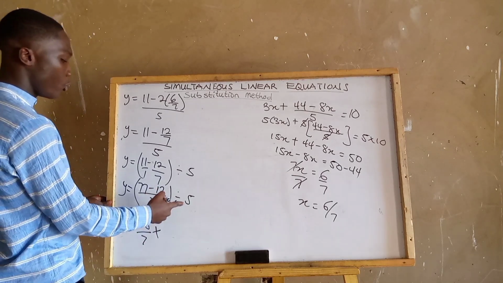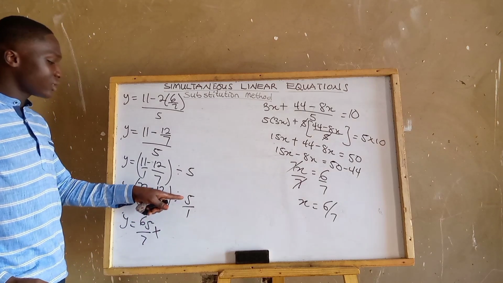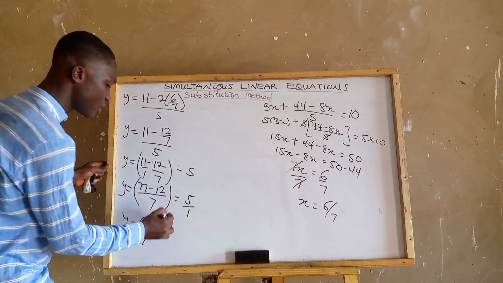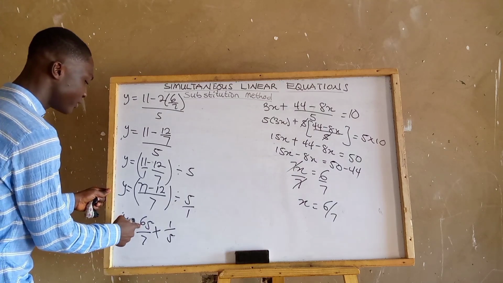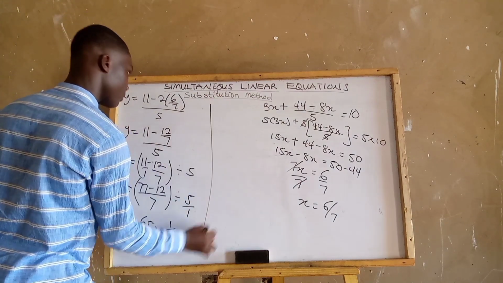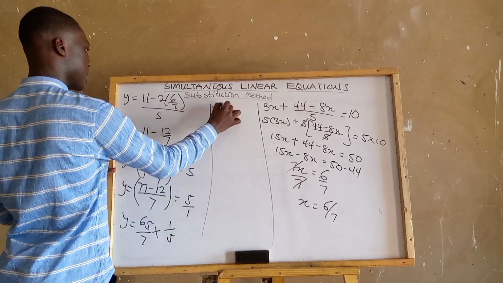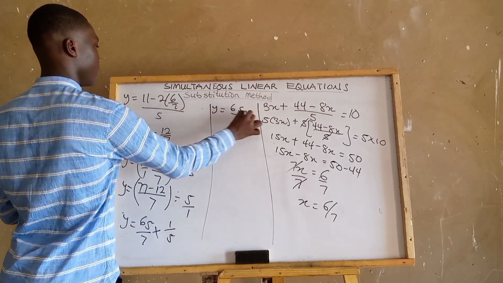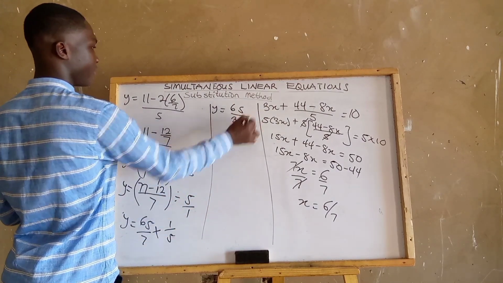Then you have to reciprocate 5 over 1 to give us 1 over 5. So now 65 times 1 gives us 65, and then 7 times 5 gives us 35.